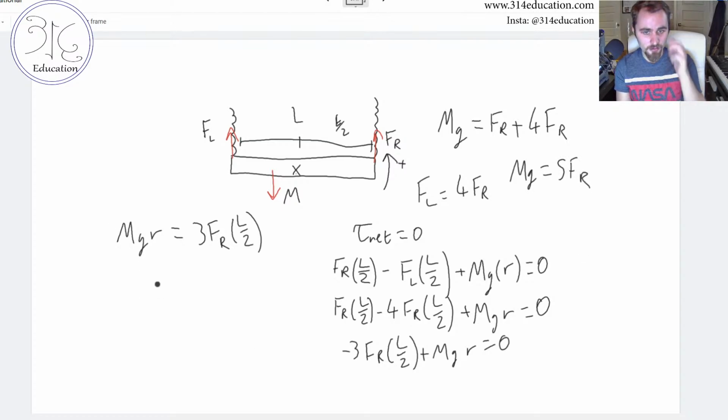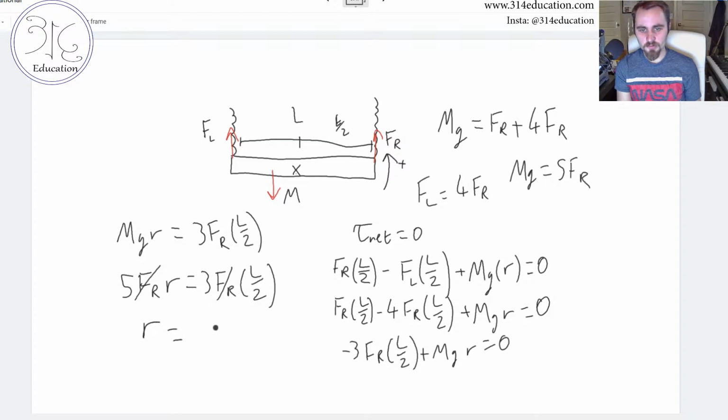So now we can plug this in and cancel our FRs out. So we get 5 times our force on the right times our radius r that we want to hang the mass from is equal to 3FR times L over 2. We'll divide both sides by FR, and then divide both sides by 5 to get our radius is equal to 3/5 of half of our length.